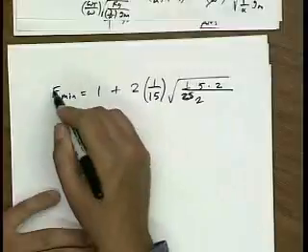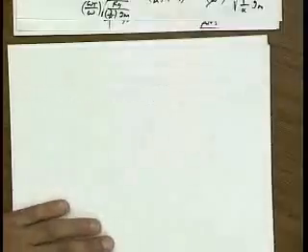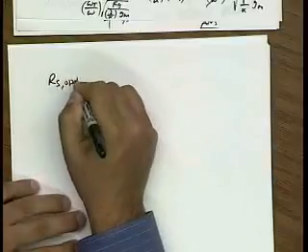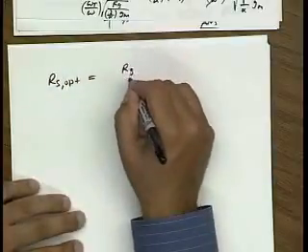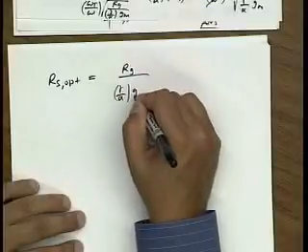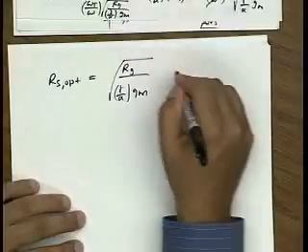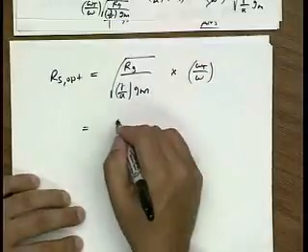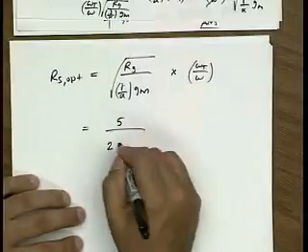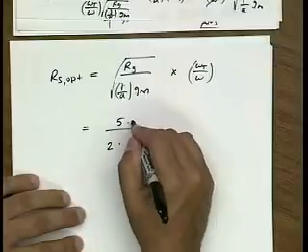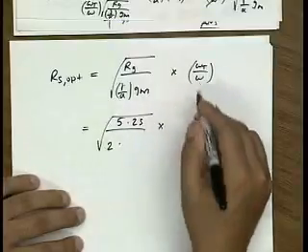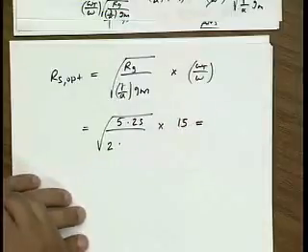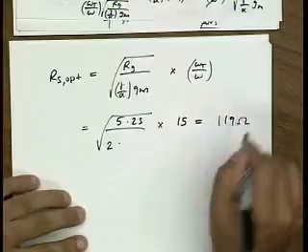I jumped ahead. First I should calculate RS opt. RS opt is RG gamma over alpha GM times omega t over omega. Substituting, RG is 5 ohms, gamma over alpha is 2, GM is 1 over 25, and omega t over omega is 15. So I get about 119 ohms for RS opt.